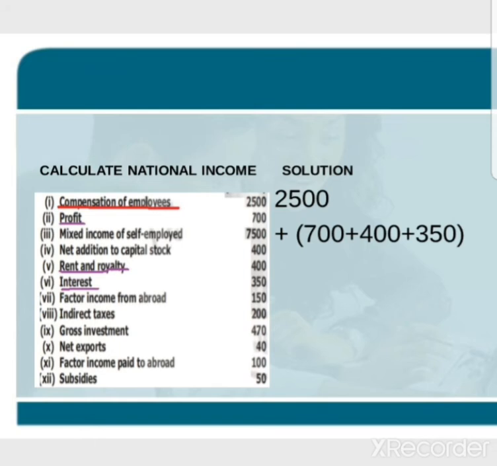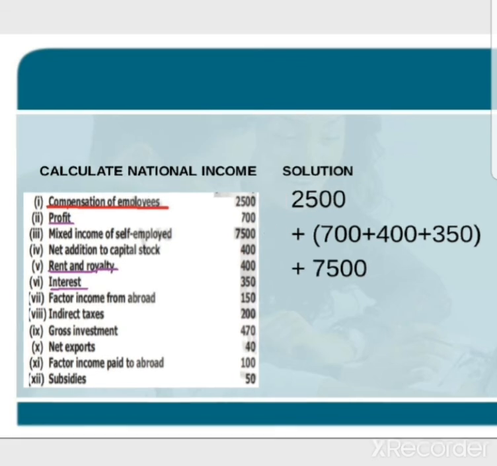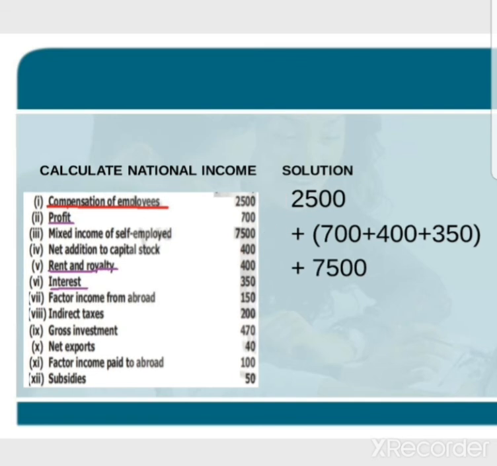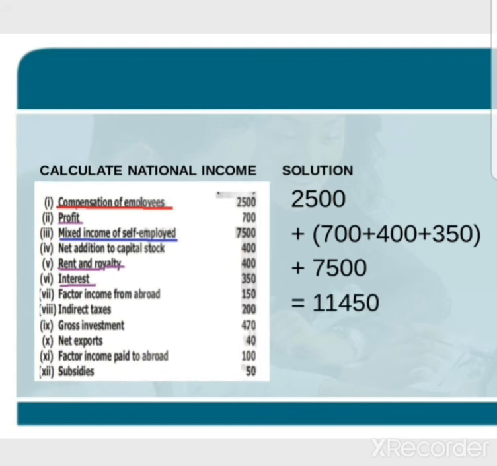Then we are going to add three components of operating surplus, that is profit 700, rent and royalty 400, interest 350. After this we are going to add mixed income of self-employed, which is 7500. By adding all these components we get 11450, which is our domestic income or NDP at FC.